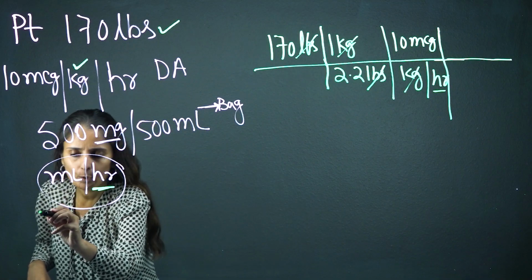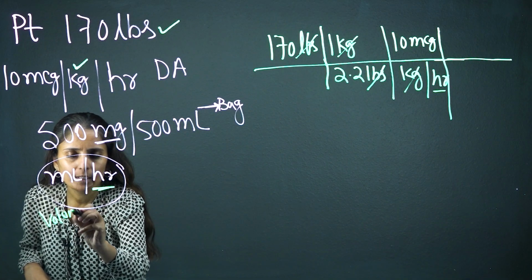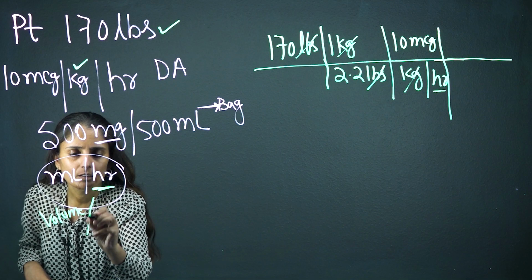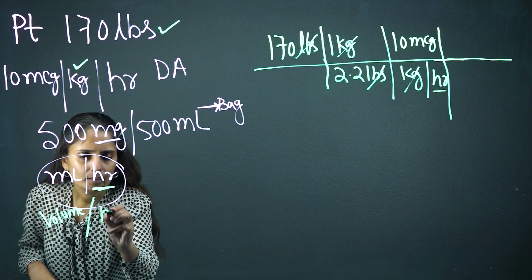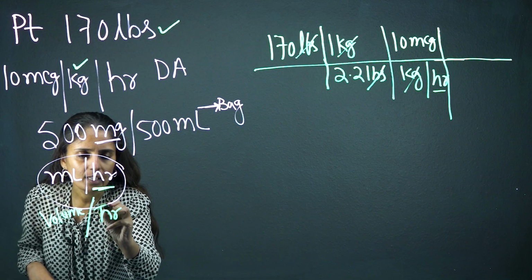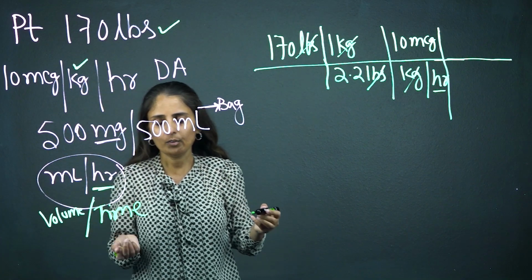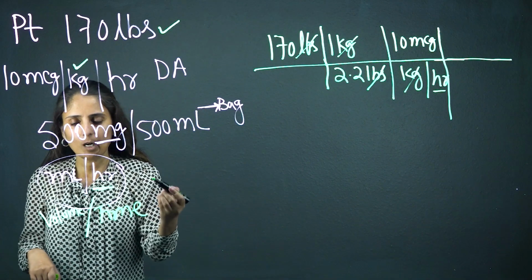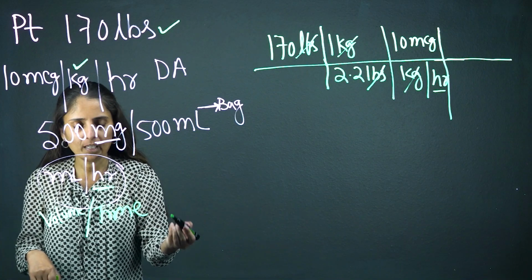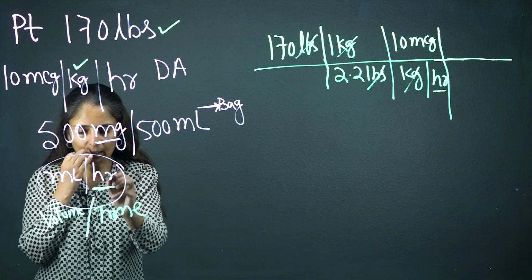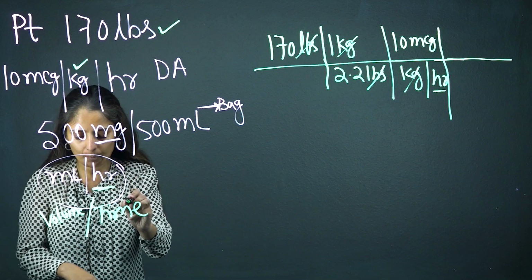It's always volume. Volume could be in mLs, liters, drops, right, per hour, or volume over time. So time here is going to be your hour, per hour. Now sometimes they may also ask you how many mLs per minute. Then you'll have to convert it that way. But right now we are going to leave it as mLs per hour, okay?